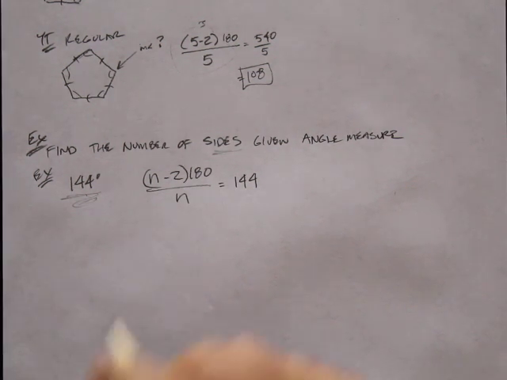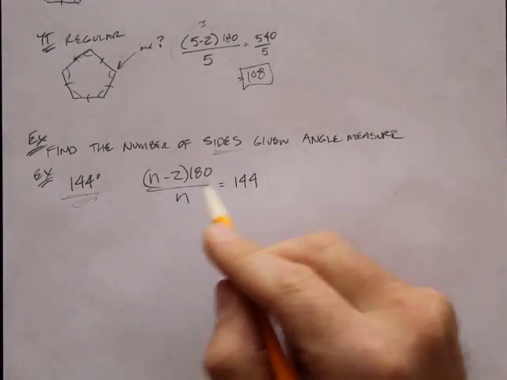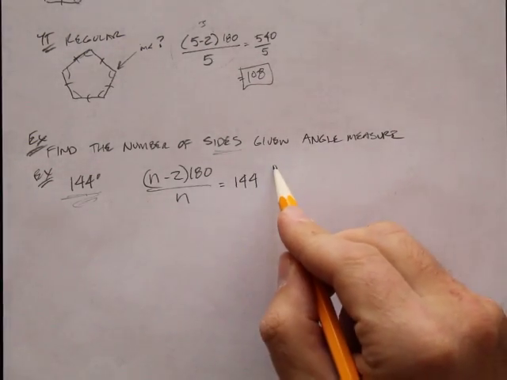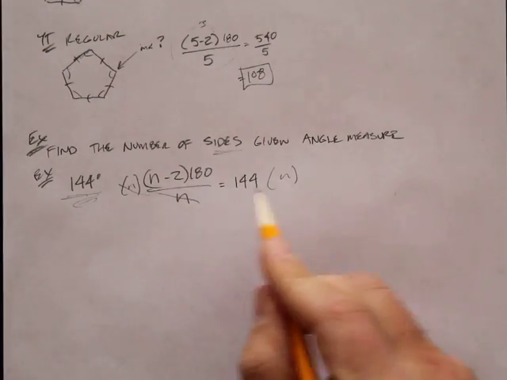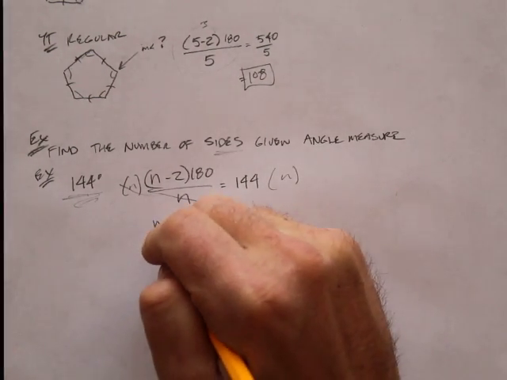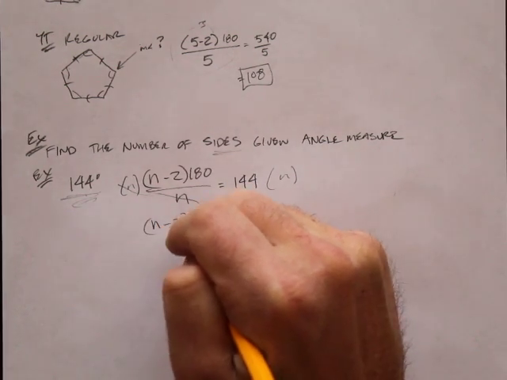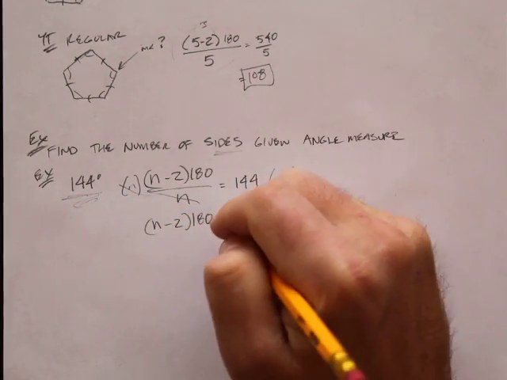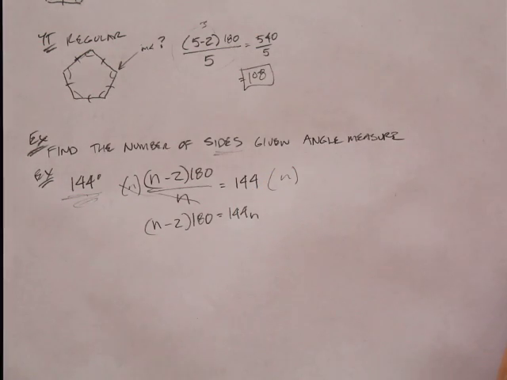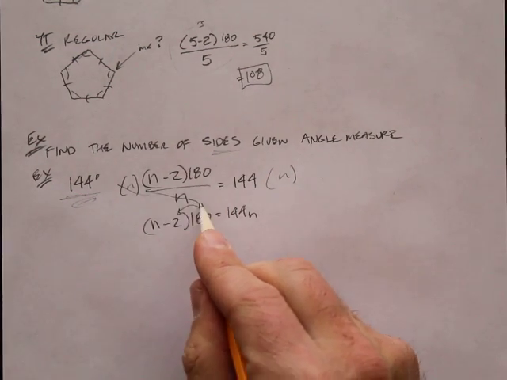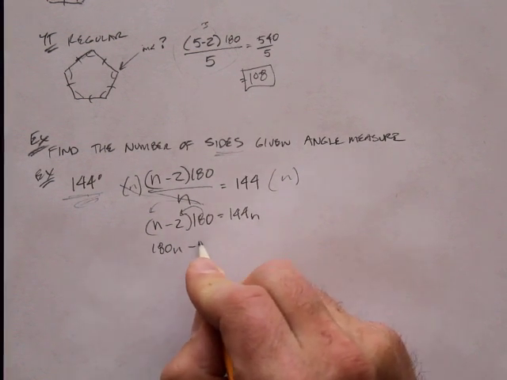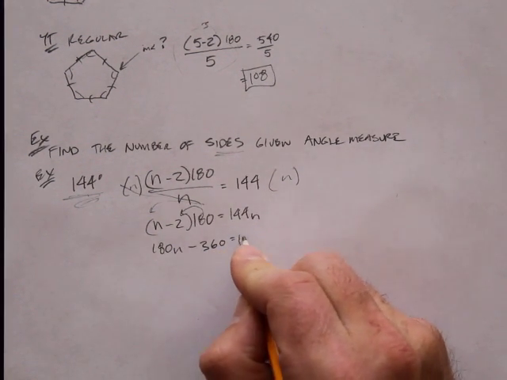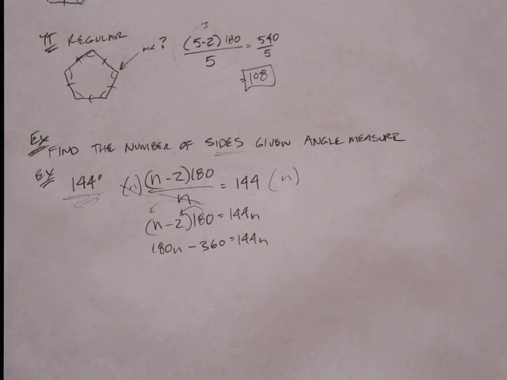So now all I have to do is a little algebra. I multiply both sides by n to get n out of the denominator. So I've got n minus 2 times 180 equals 144n. Then I distribute this 180 in here, and I get 180n minus 360 equals 144n.